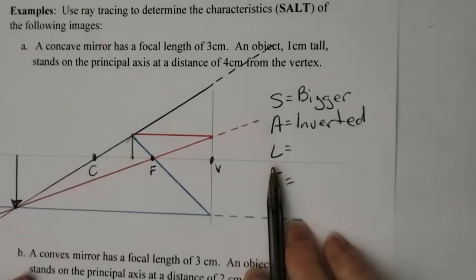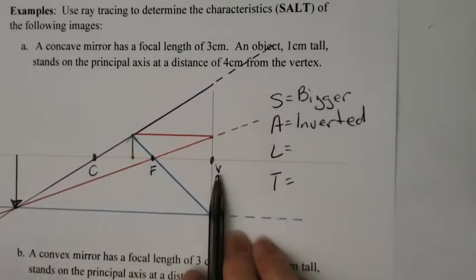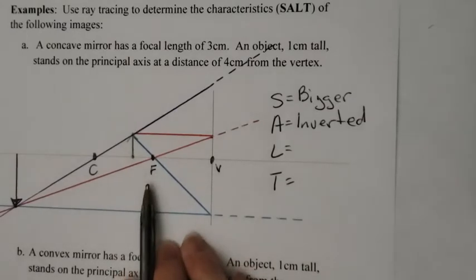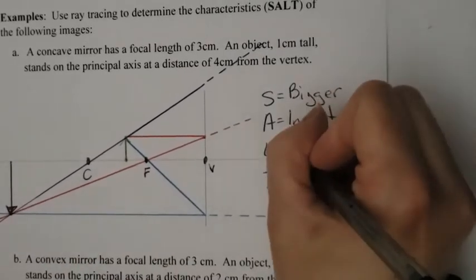L is the location. Now, what we do is we talk about using these little letters. So if it's between F and V, you say between F and V. If it's between C and F, you say between C and F. But in this case, it's past C. So we can say it's outside of C or past C. I'm going to say outside of C.